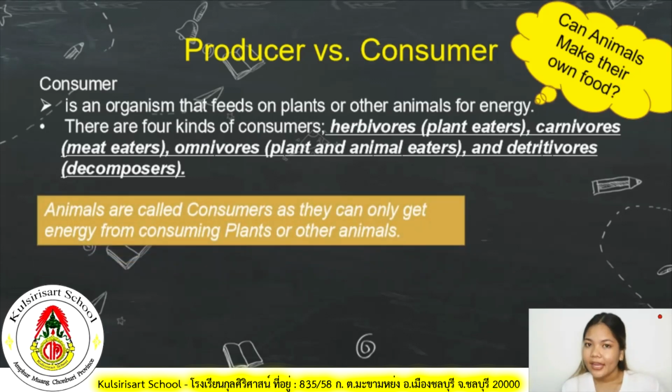Now, animals are called consumers as they can only get energy from consuming other plants or other animals. Unlike plants, animals cannot make their own food. They do not undergo photosynthesis. That's why they cannot be called producers, because they just depend on plants for their food.